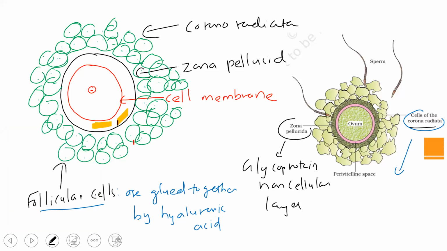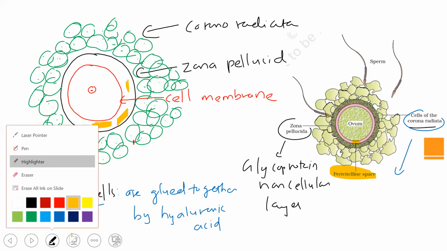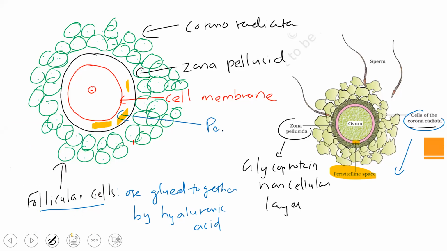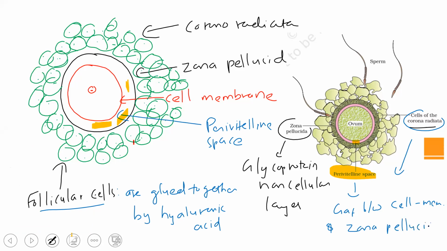That is referred to as the perivitelline space. It is the gap between the cell membrane and the zona pellucida. So any problems in this structure, guys? The zona pellucida is very important; they frequently ask questions. Any problem in this human ovum structure?